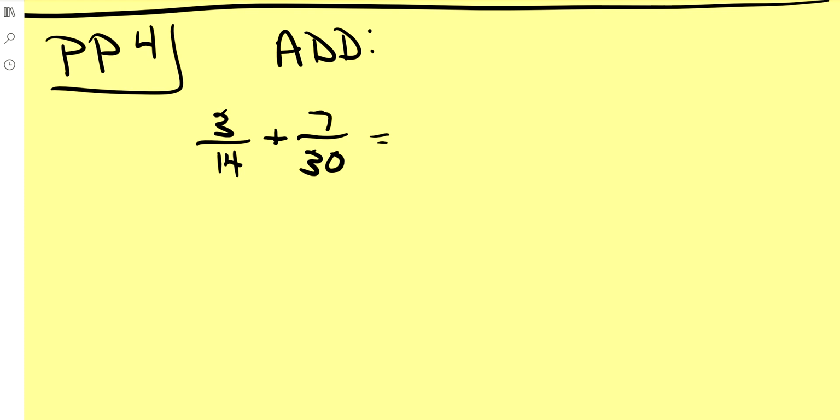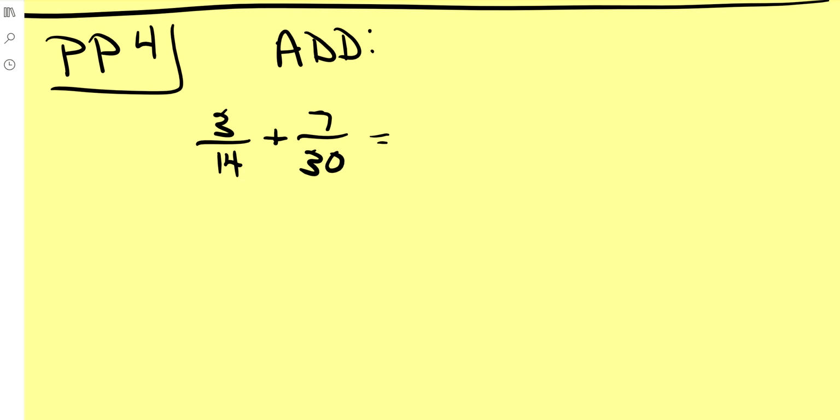Not that I'm condoning cheating, but you know what I mean. But I've got a means of doing this where we can take the angst out of approaching problems where the denominators are different. So in other words, I've got a 14 in the denominator and a 30, and I have no idea what common multiple they have in common.